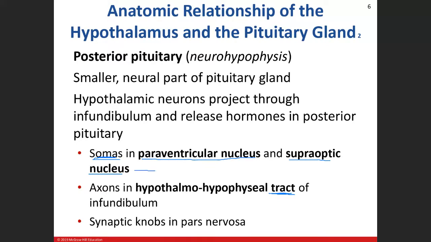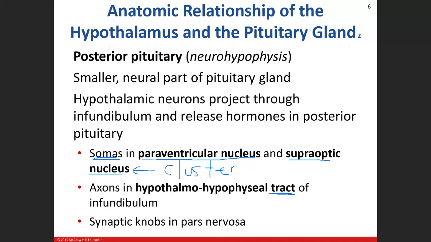A nucleus is a cluster of what? The answer's there on the board. What is it a cluster of? Type in an answer for me.